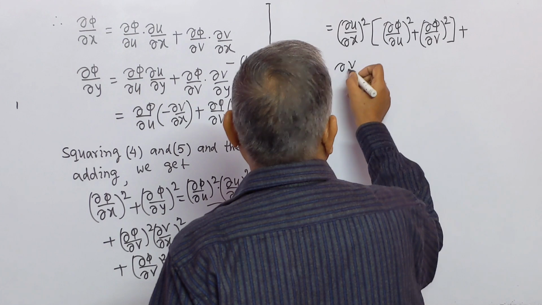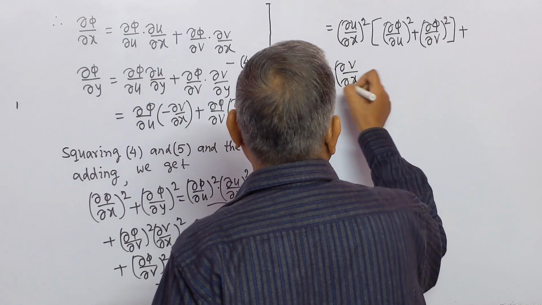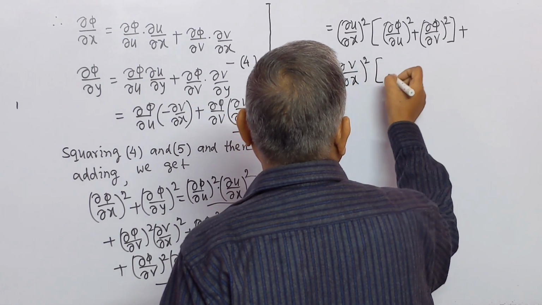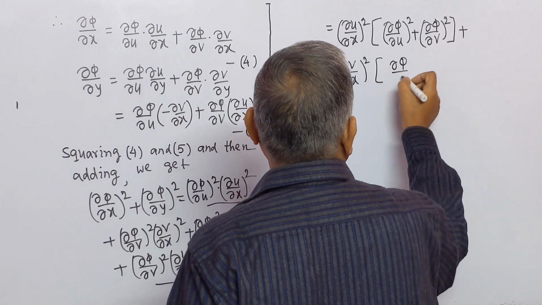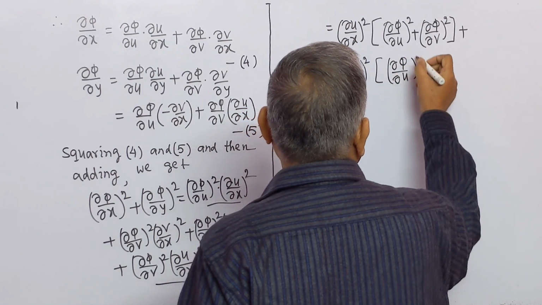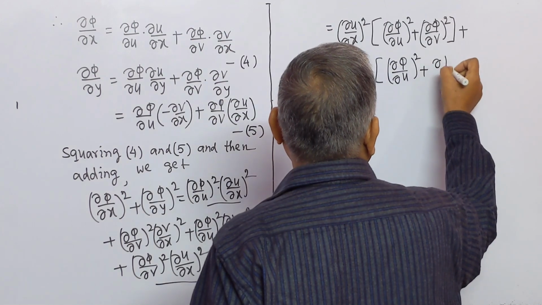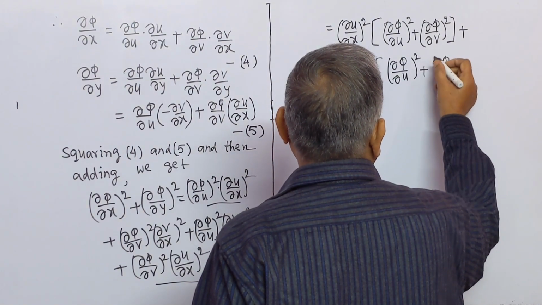Del v by del x whole square, remains del phi by del u whole square plus del phi by del v whole square.